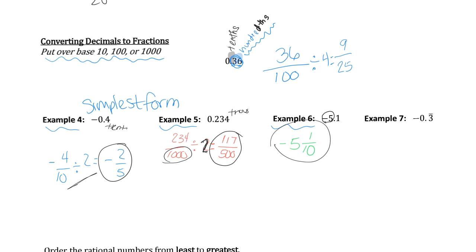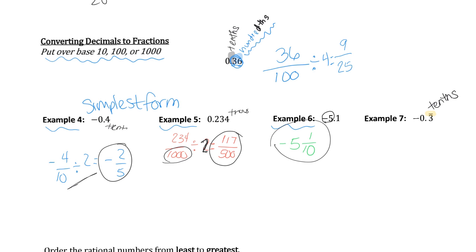Okay, let's look at example 7. It's got something above it. It's got that little repeating bar. So anytime you see a repeating bar, it changes the number a little bit. So what decimal place is this? This is the tenths, right?